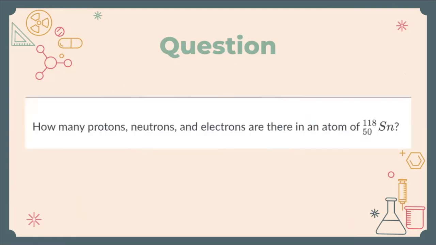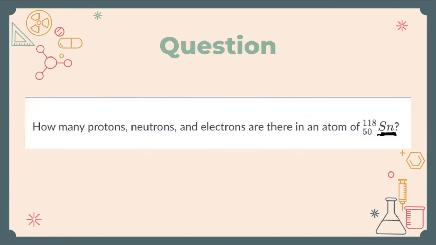Now, question 3 says, how many protons, neutrons, and electrons are there in an atom of 118, 50 SN? So, truthfully, you don't really need to know by heart what this chemical symbol is, but you need to understand the way in which it's formatted.